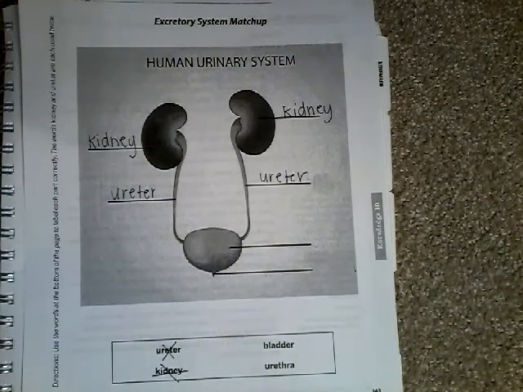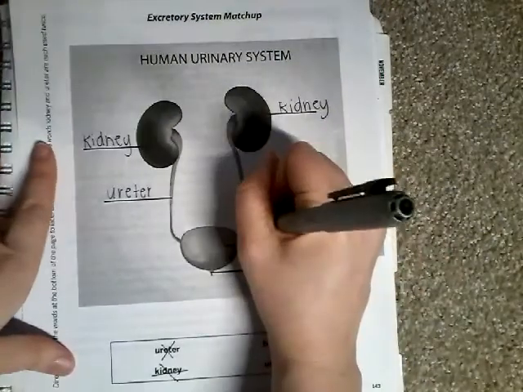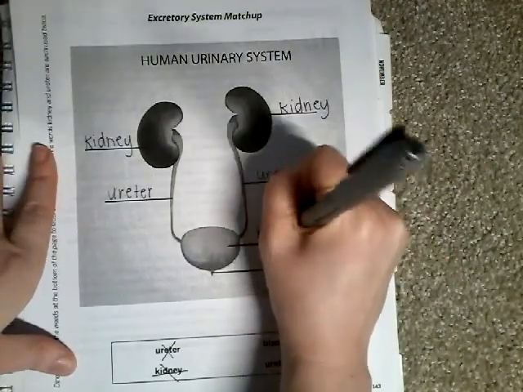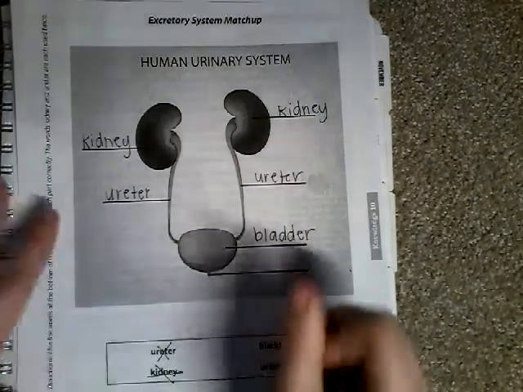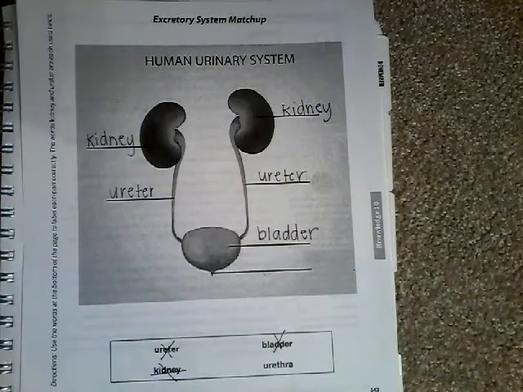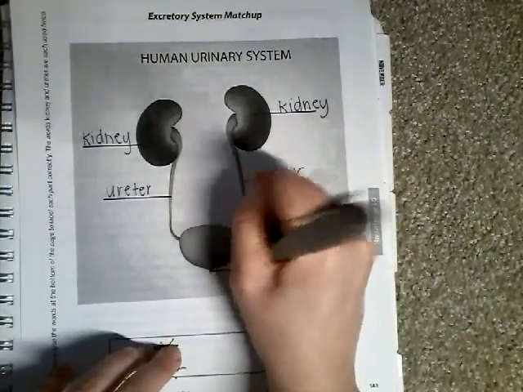What is the stretchy sac that holds it all? That is our bladder. So that means the last one, where the liquid waste is leaving our body, is through our urethra.